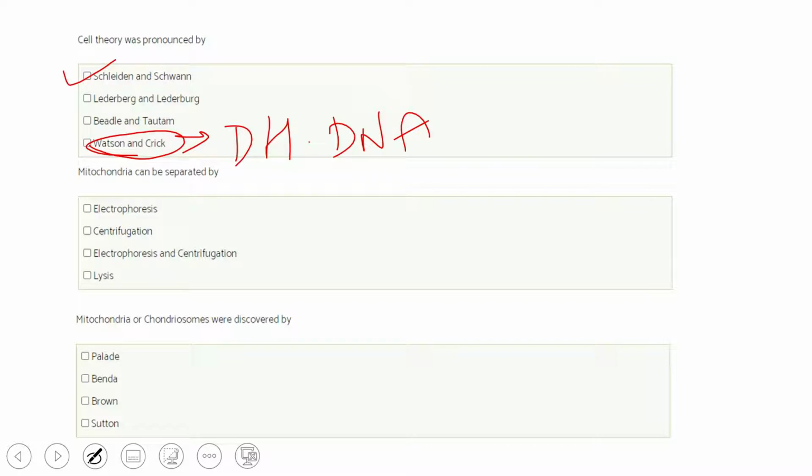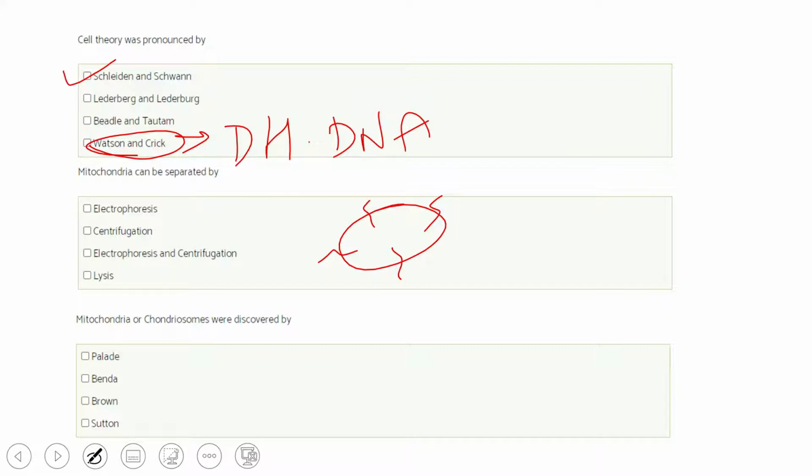The next question: mitochondria can be separated by. They are asking which of the following processes is involved in the separation or isolation of mitochondria from other cell organelles. Is it electrophoresis, centrifugation, electrophoresis and centrifugation, or cell lysis? Cell lysis is nothing but breaking open the cell.